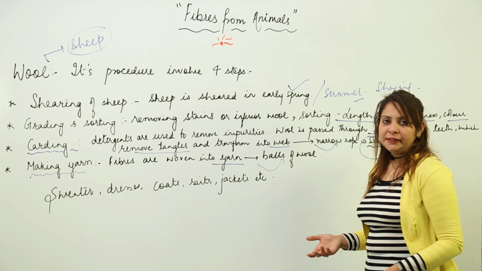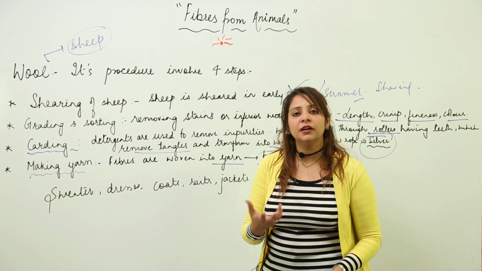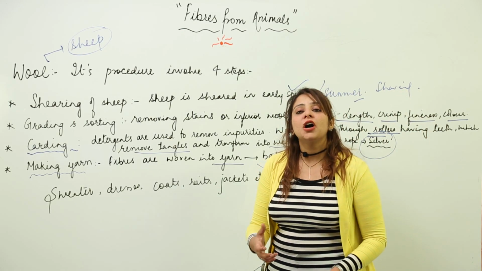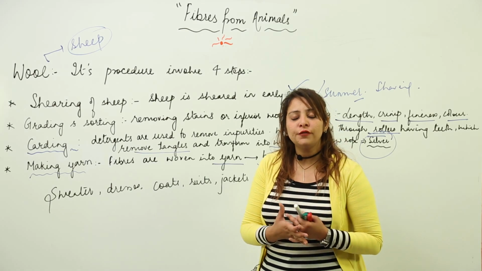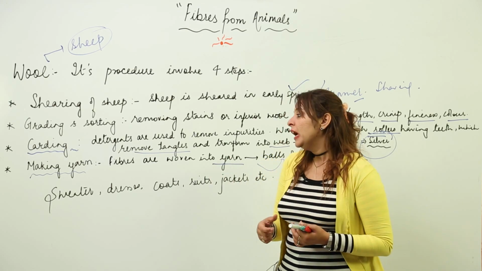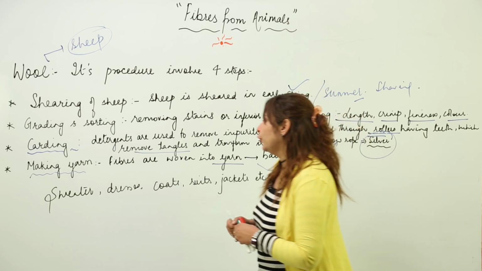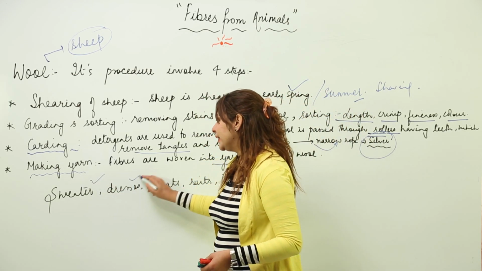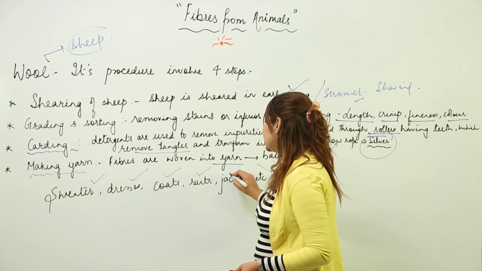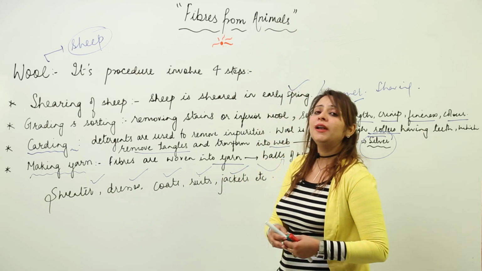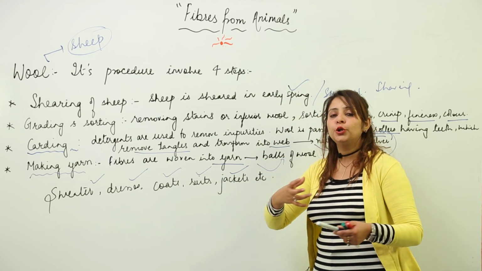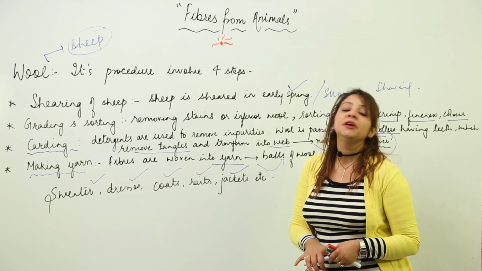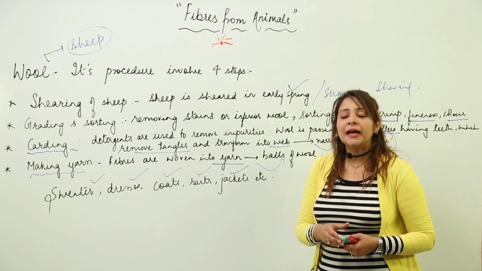And you must be familiar that wool is used in the winters because it is very warm, soft and light also, and it is mainly used for making sweaters, dresses, coats, suits, jackets, pants, whatever warm thing you are wearing in winter time mainly has wool.